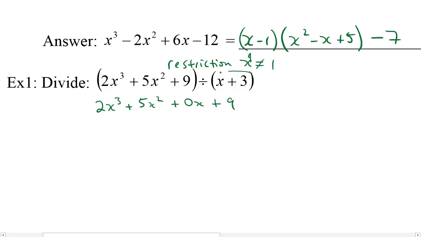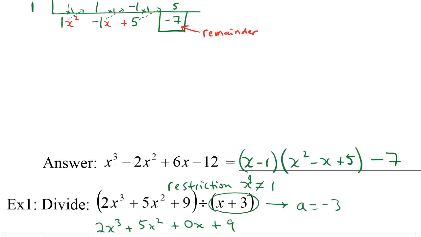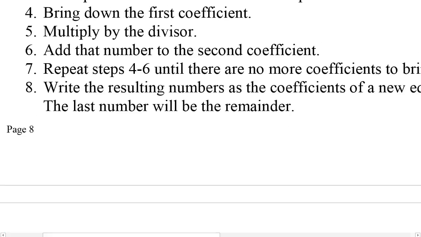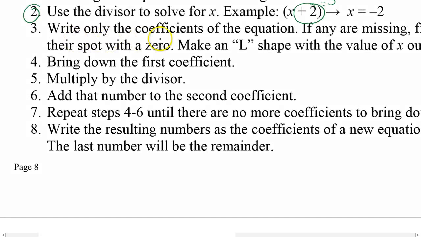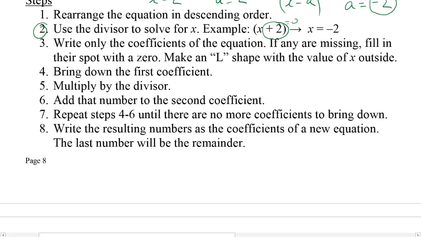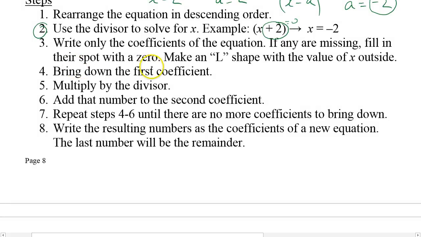So when I'm thinking about that x plus 3 here, I'll think, oh, okay, that means that my a value is going to be equal to -3. Okay, so this 0 part, let me see where that is in the steps. It says, write only the coefficients of the equation. If any are missing, fill in their spot with a 0.